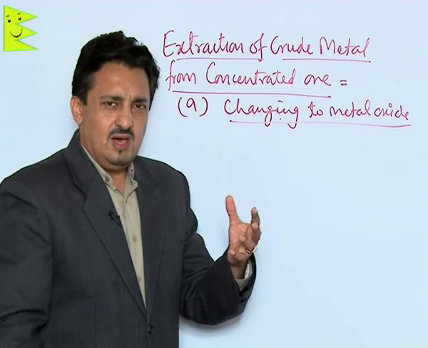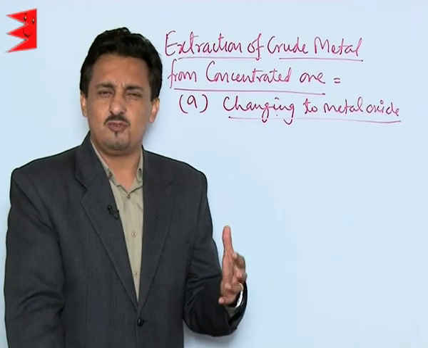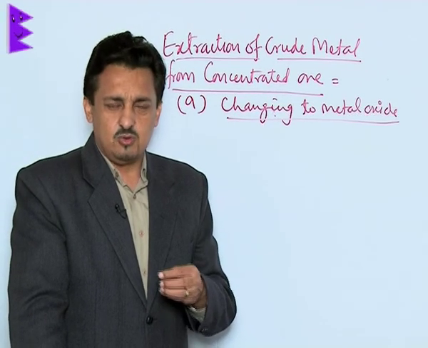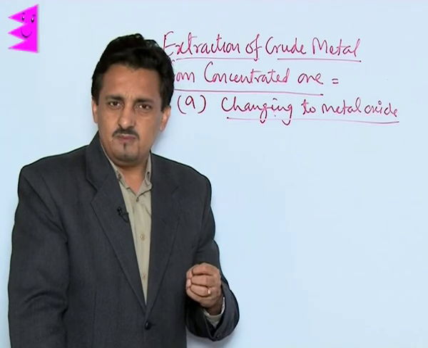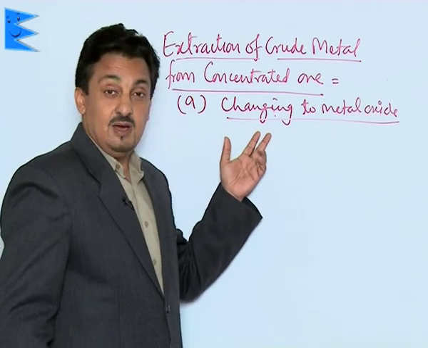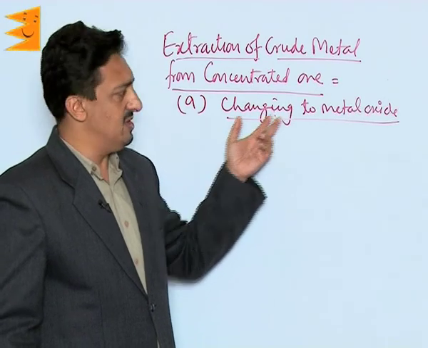Thermodynamically, it is much more feasible to reduce a metal from its oxide form than from its sulfide form. So we need to change ores existing in the form of sulfides and others to their oxides.